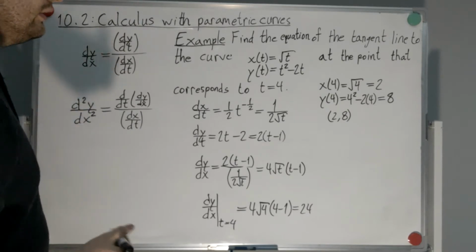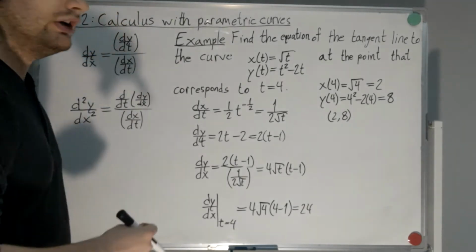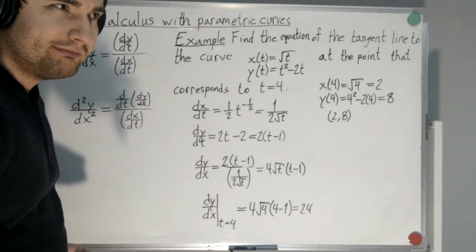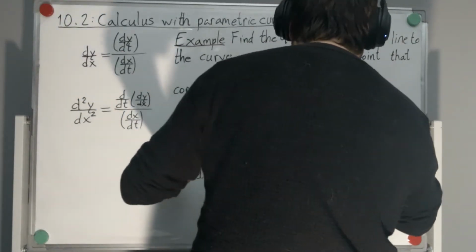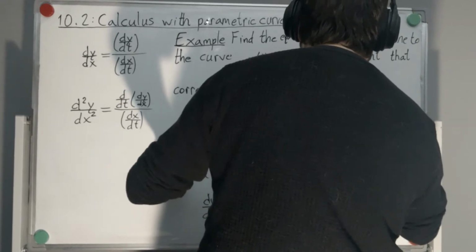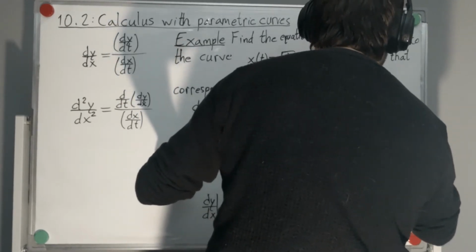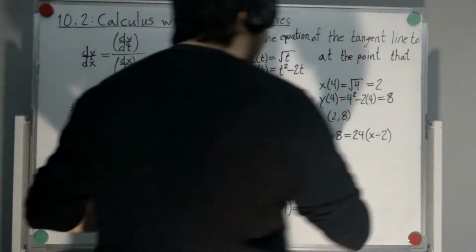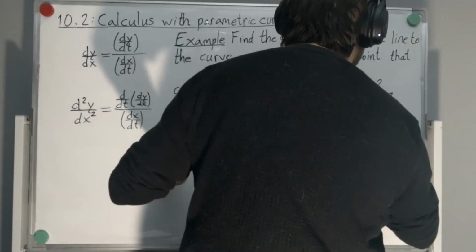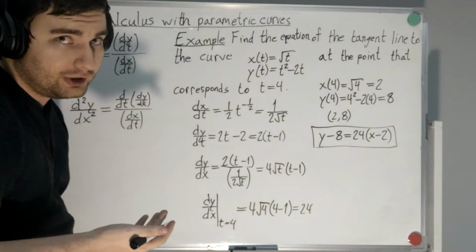Okay, then as always, we can do the point slope form of the equation of a line and say y minus 8 is equal to 24 times x minus 2. And that is at least one form of the equation of the tangent line. Of course, there are other ways to write it.